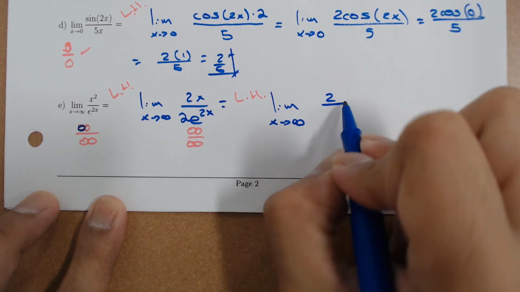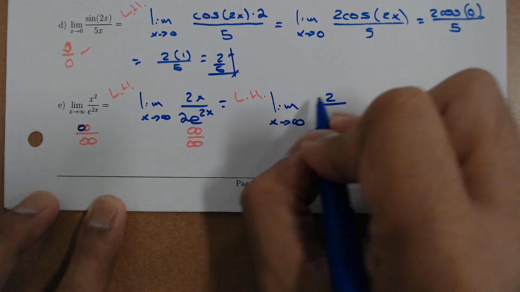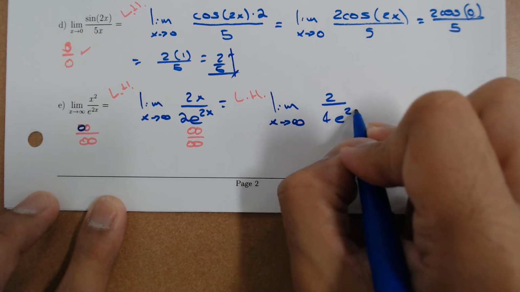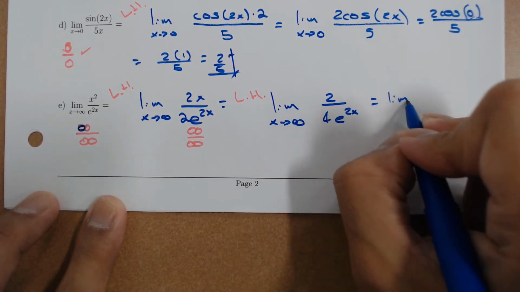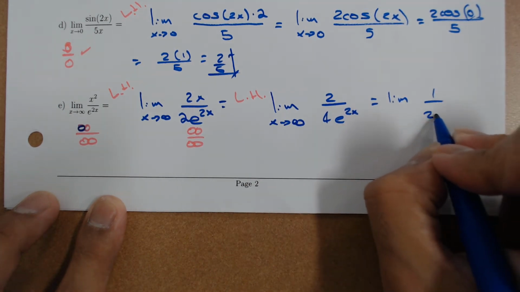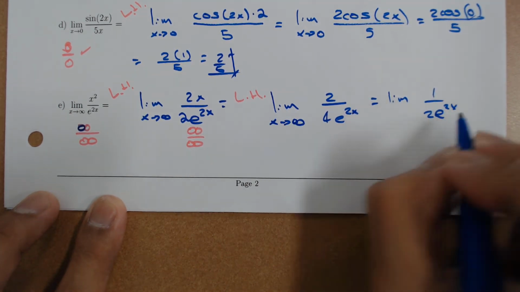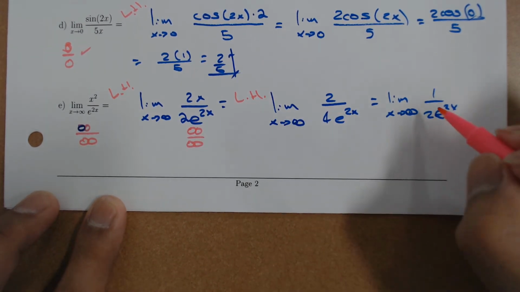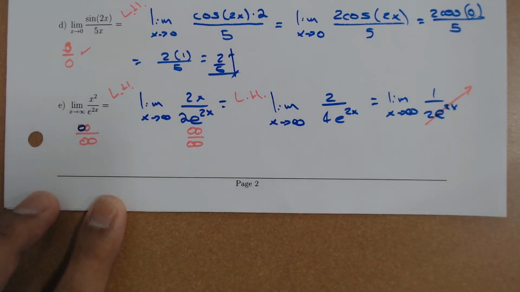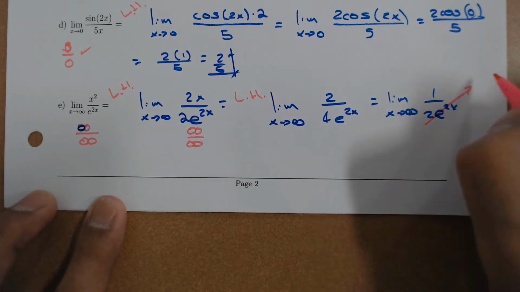The derivative of 2x is 2, and that's going to become 4e to the 2x. And 2 reduces with 4 to 1/2. And in this case, where is this limit going to go as x approaches infinity? 0. All right.